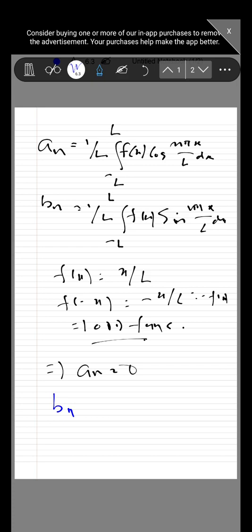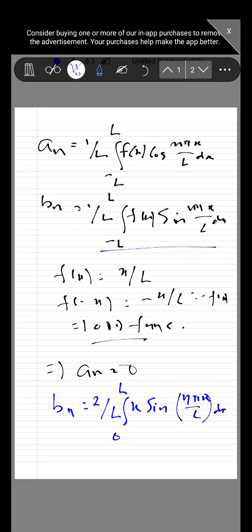We can expand it and write it as 2 by L integral from 0 to L of x sin n pi x by L dx.